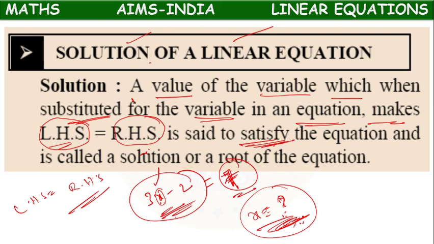That is called solution of linear equation or root of the equation, or value of the variable which satisfies the given equation. So whenever we have a linear equation, there we have to find the solution of the linear equation. Means we have to find value of the variable.